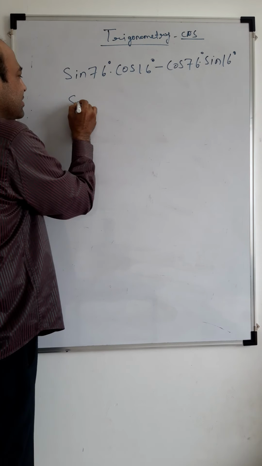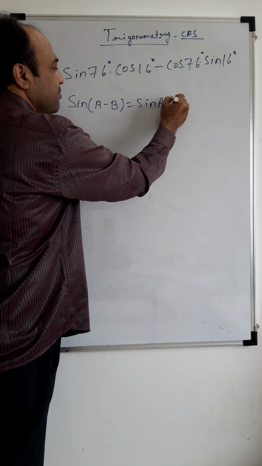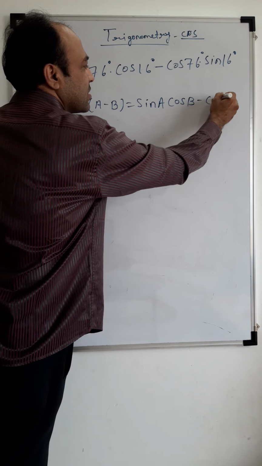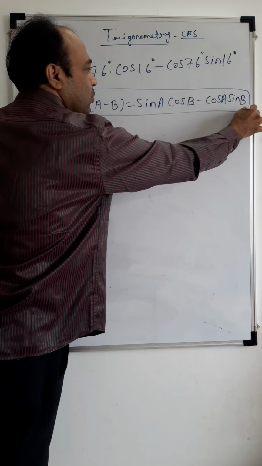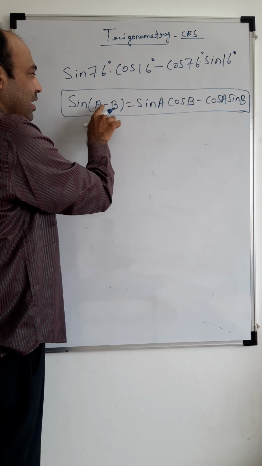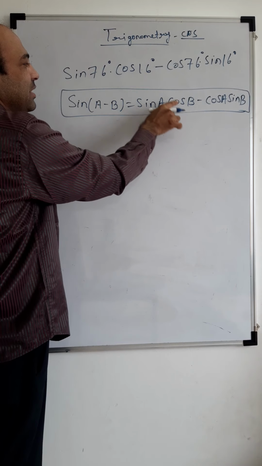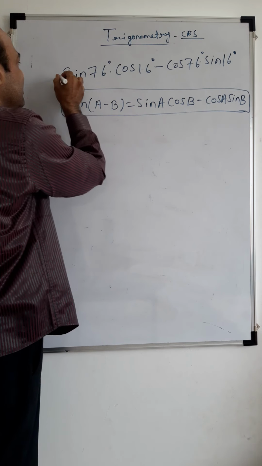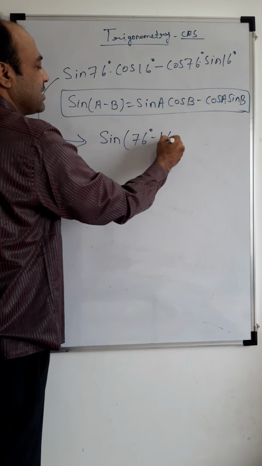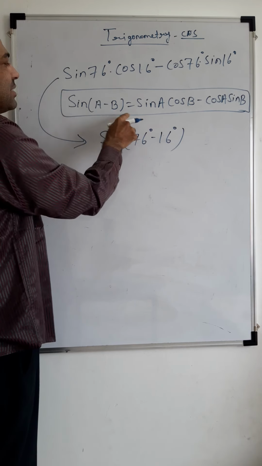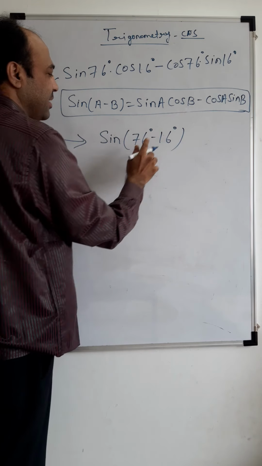We have discussed sin(A-B), which is sin A cos B minus cos A sin B. I told you those four results are very important, the plus one and the minus one, okay? Now if A is 76 and B is 16 degree, this entire expression shrinks into this form.